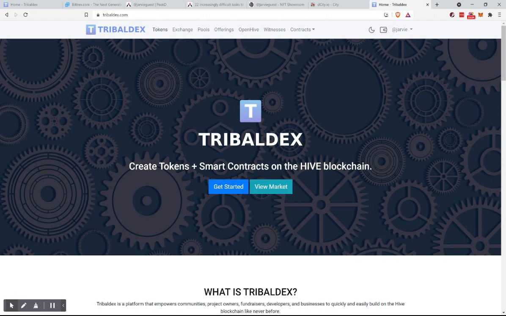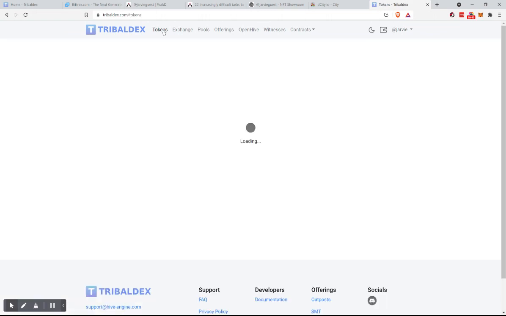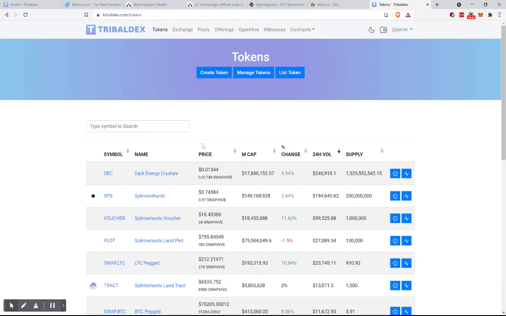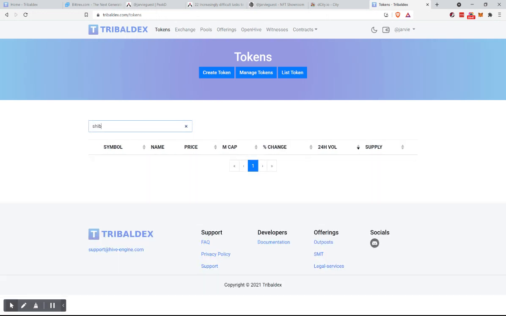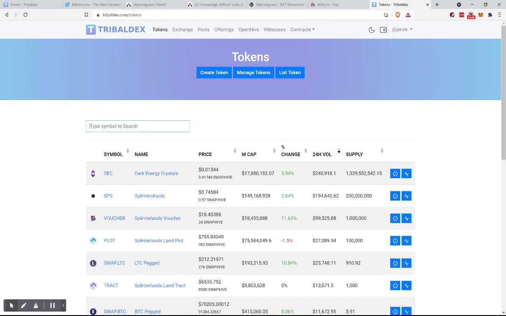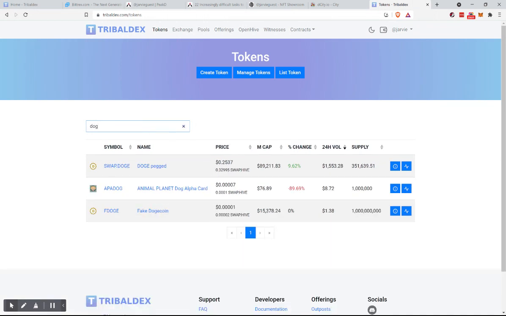Let's get some Doge. How about some Shiba Inu? I don't know if they have it. So we're going to go to tokens and we're going to look up Shiba. Nope. Doge. Okay. So we can exchange some of our Swap Hive for some Swap Doge.